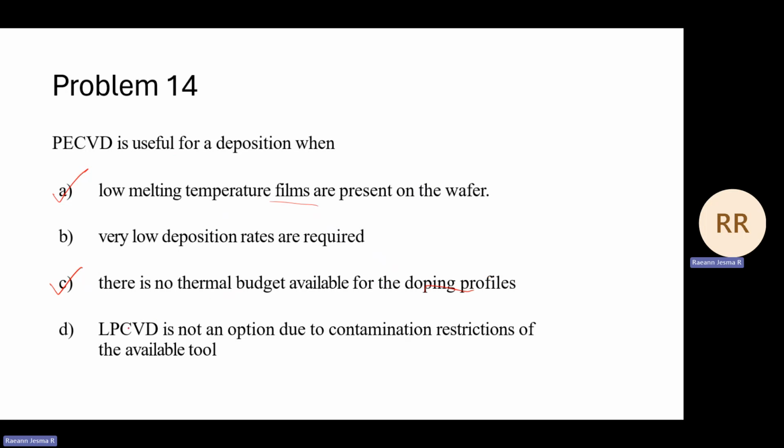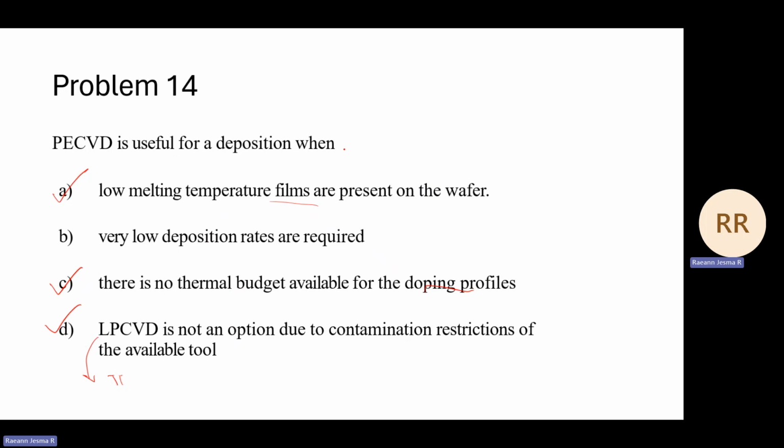Another thing is LPCVD is not an option due to contamination restrictions of the available tool. This is also correct. Certain materials like gold can diffuse very fast. In LPCVD, since it is a very high temperature process, it is generally like an oxidation furnace, so it will have some requirement for cleanliness, and certain materials will not be allowed.